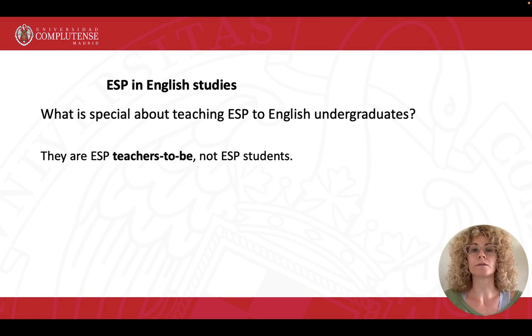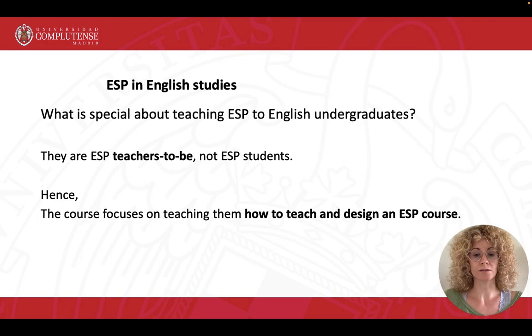And what the future is going to be like is that most of them are going to become teachers, and they are going to be teaching English to these types of employees or students who are carrying out other duties. So what does this imply? The courses that you have to teach to English undergraduates are based on teaching them how to teach and design ESP courses rather than teaching them English.